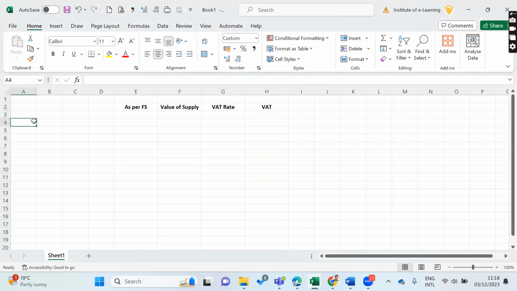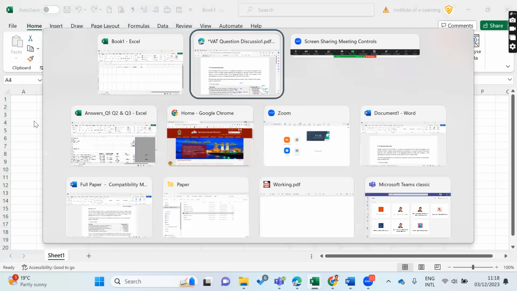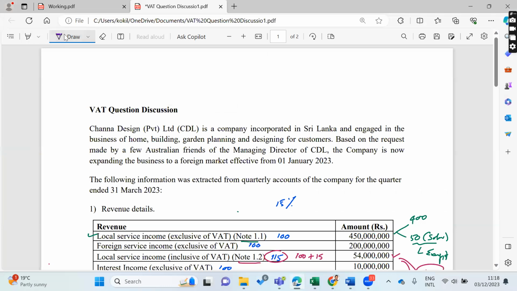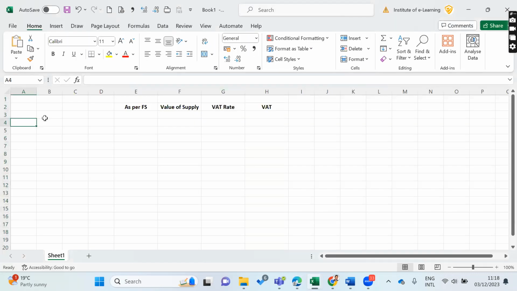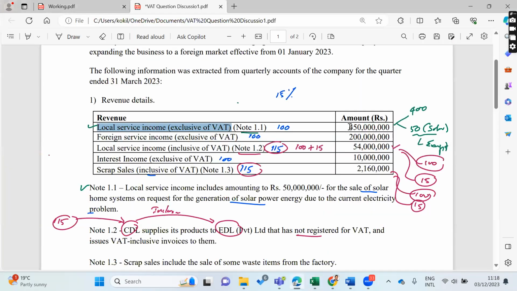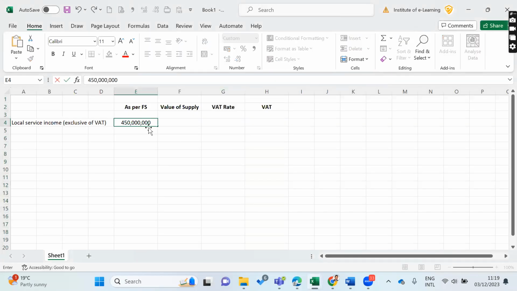Let's look at the first one. As per the question, I will copy paste the details since I have those, right? It's easy for me to reduce the time. Here, local service income, we have altogether 450 million.